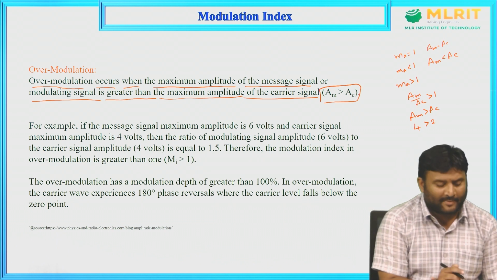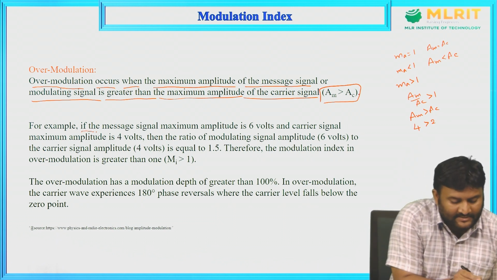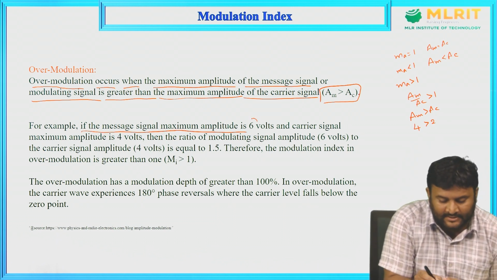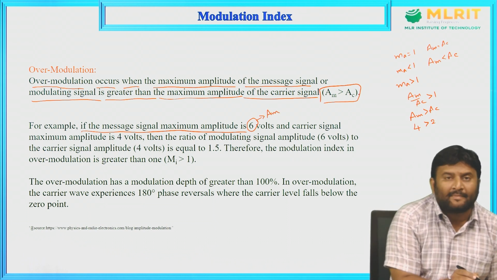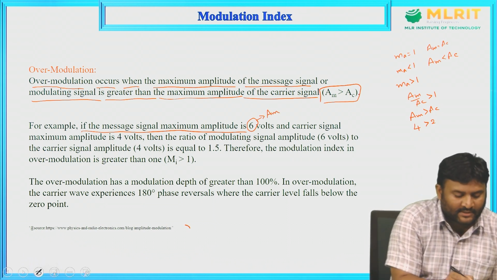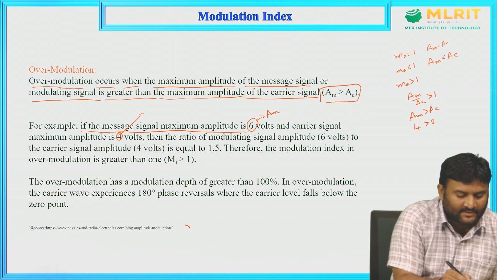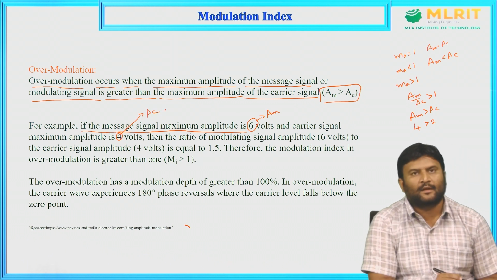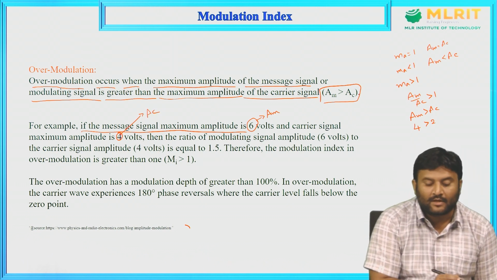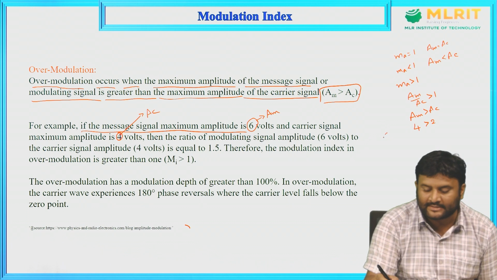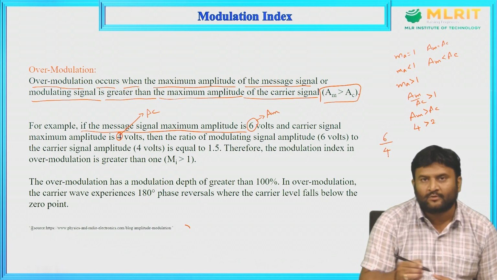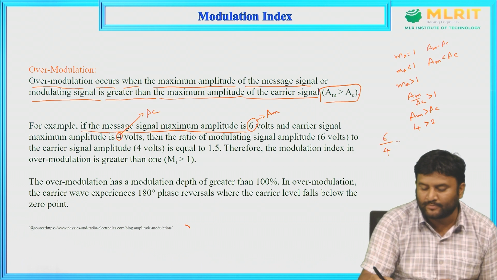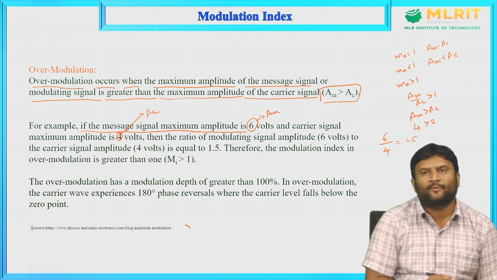Practically, I am explaining here. If the message signal maximum amplitude is 6 volts, nothing but this is AM, and the carrier signal maximum amplitude is 4 volts, nothing but this is AC. Then the ratio of modulating signal amplitude 6 and carrier signal amplitude 4 is equal to 1.5.